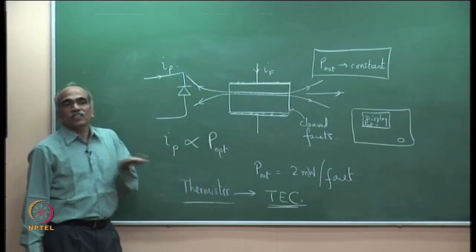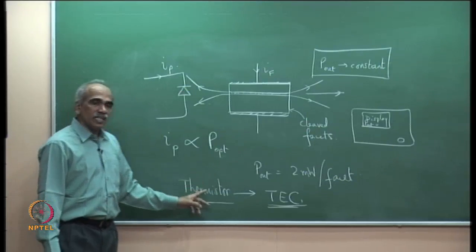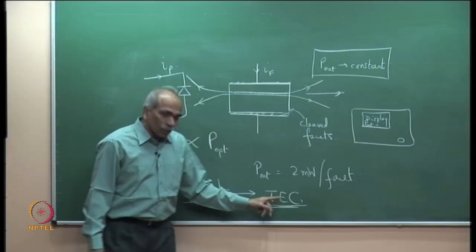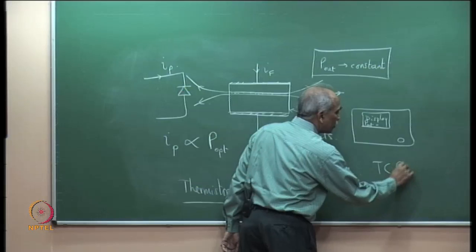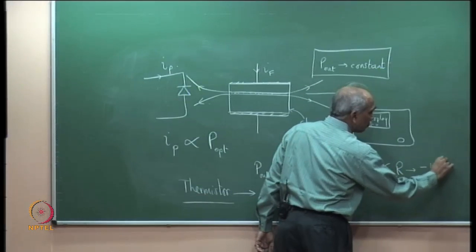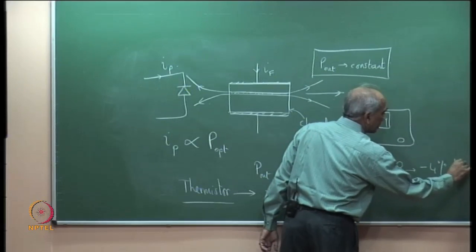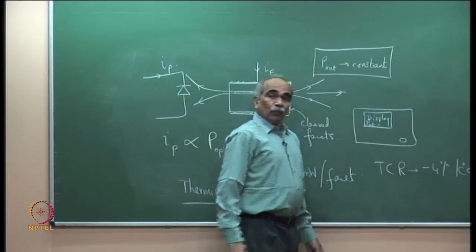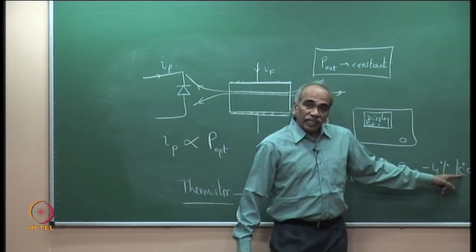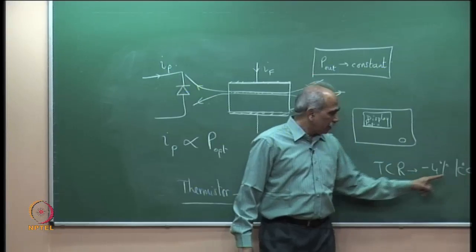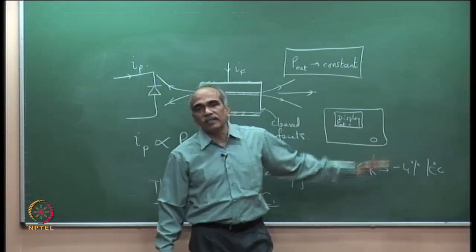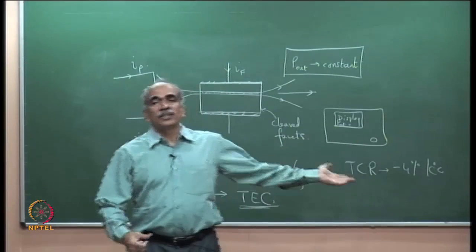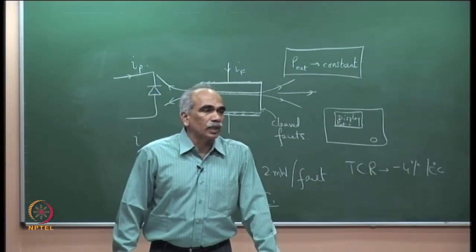So, if the temperature of the chip changes, the resistance changes, and therefore, that temperature coefficient, there was a parameter TCR which was -4% per degree centigrade, which means if the temperature changes through 1 degree, the resistance changes by -4%, that is, it decreases. All these thermistors are basically photoconductors.